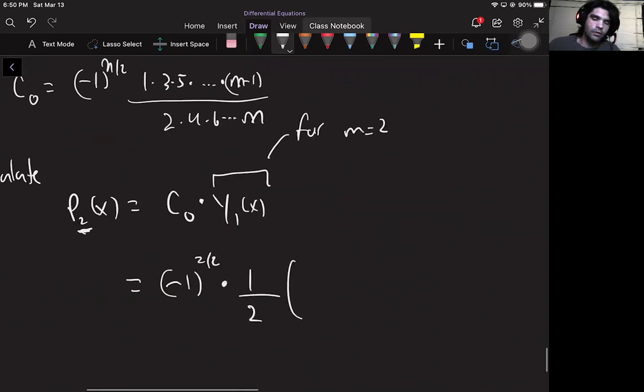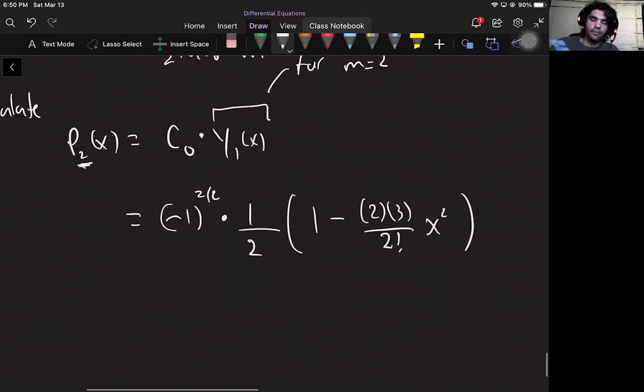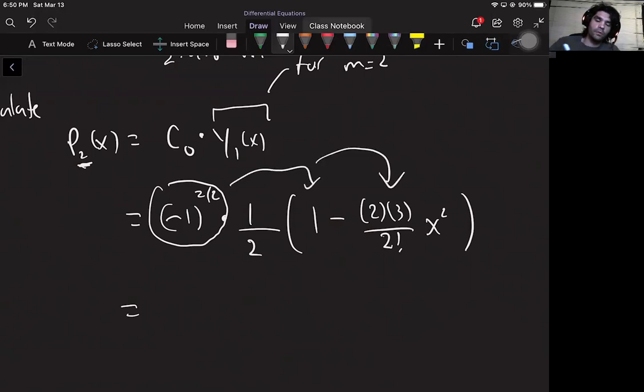Okay, and then what was my y1 of x here? It was 1 minus 2 times 3 over 2 factorial x squared. So the point of this is just to flip the negative back and forth. Negative 1 to the 1 is a negative, so I'm going to distribute that negative in. I'm going to keep the 1/2 on the outside. And then the point of this negative is to put the power of x in the front.